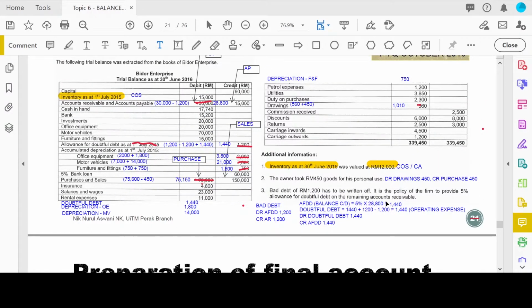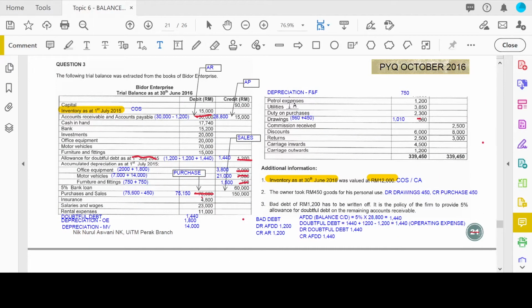Utilities. I want you to search for utilities. So here, we're going to add because you understate. 3850 plus 350 would equal 4,200.